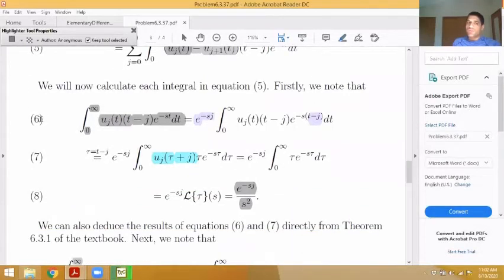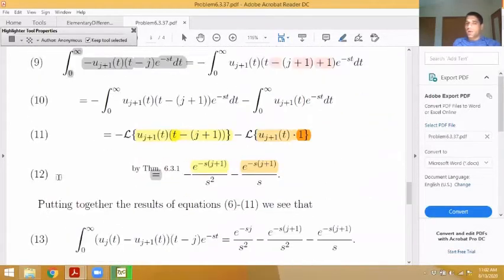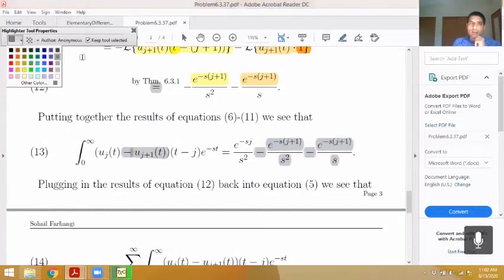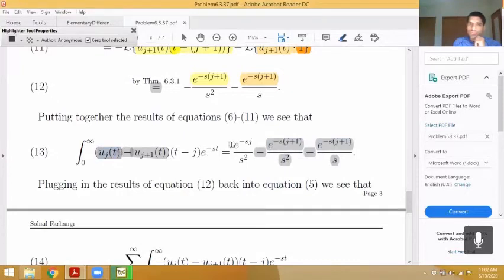So everything we did from equation 6 up to 12, we put those results together and we get the following, right? Let's just reiterate. This turns into, this time I'll include the negative sign, that, and that turns into that.